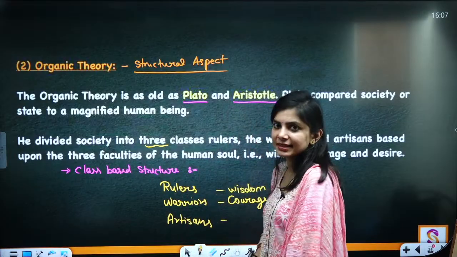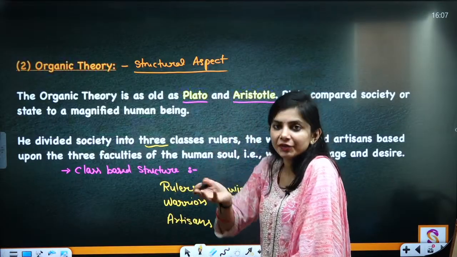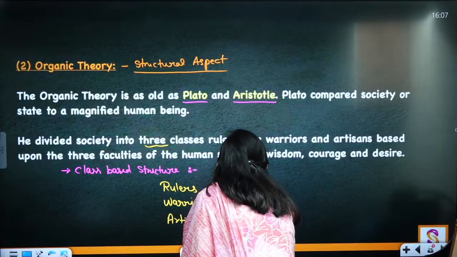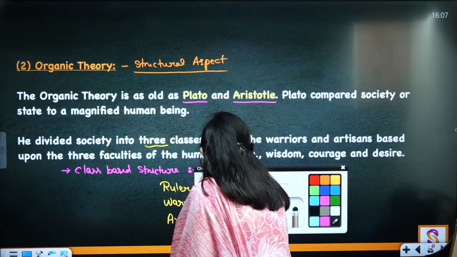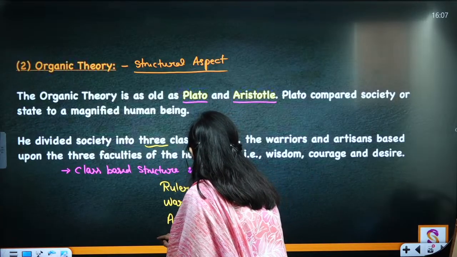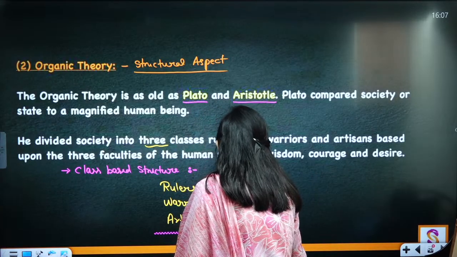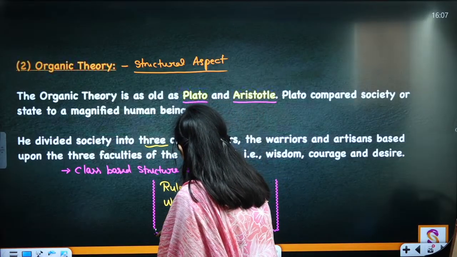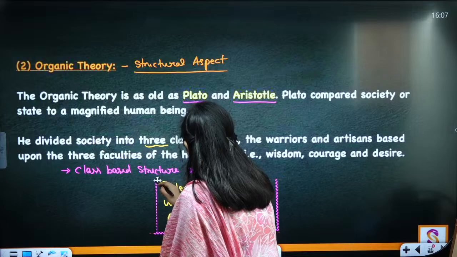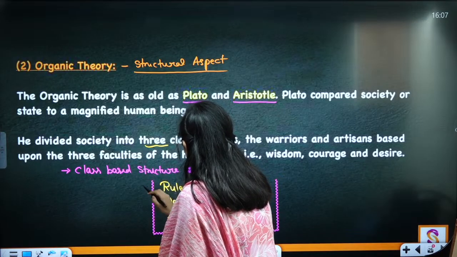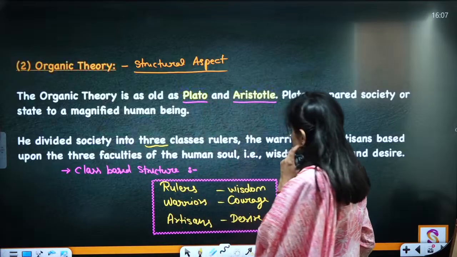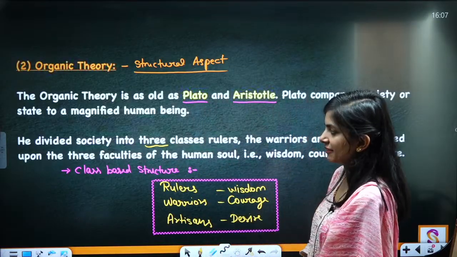And artisans are there because they have some sort of desire. So this is what he had specified.